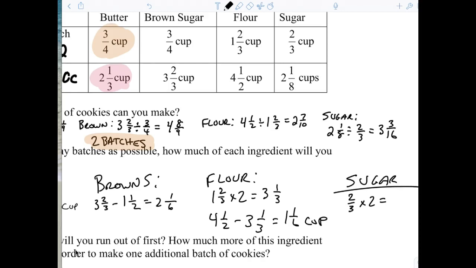I got 1/3. Try it again. 2/3 times 2. Oh, yeah. All right, so 1 1/3. So how much sugar does she have left? What do I have to do?